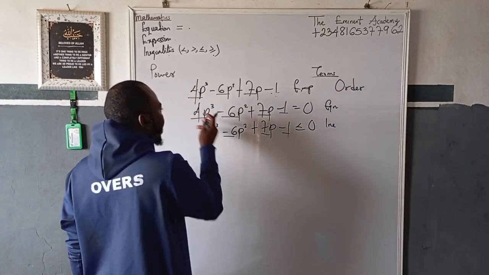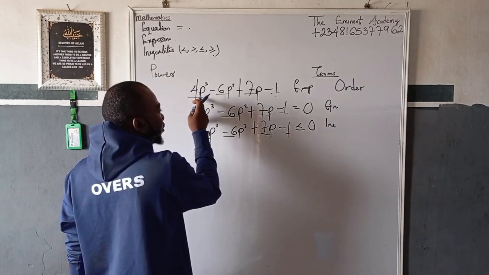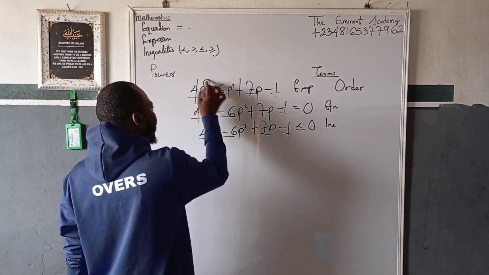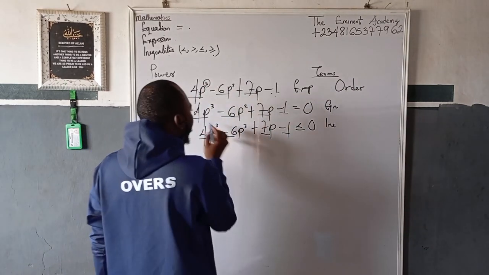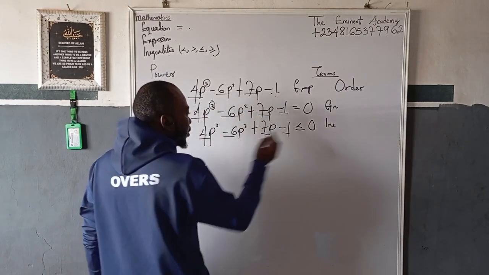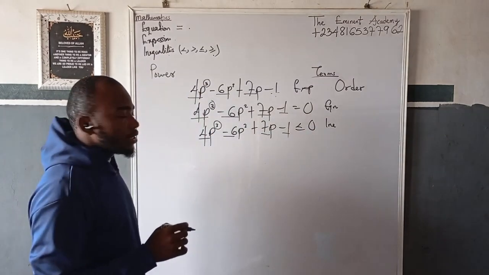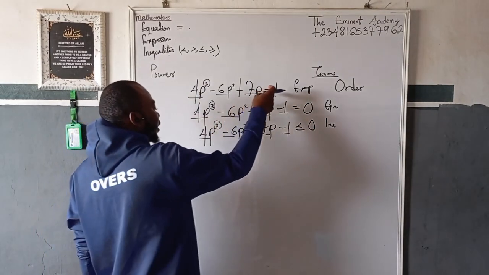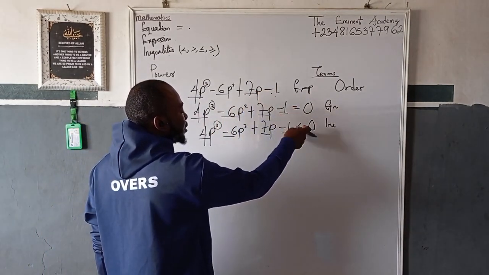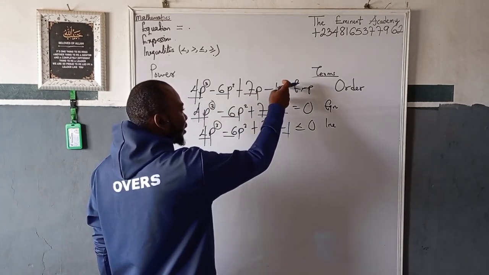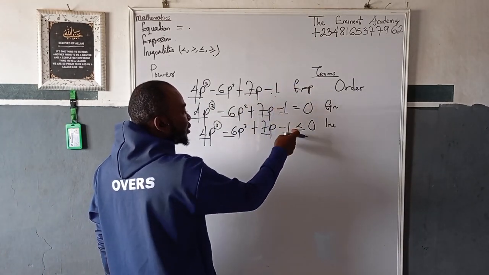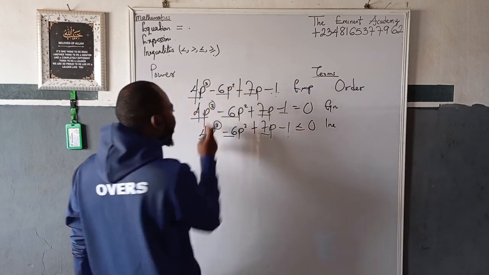So if I'm asked what is the order of this expression, I will say the order is 3. What is the order of this equation? The order is 3. What is the order of this inequality? The order is 3. Right? So the order of an expression, an equation, or an inequality is the highest power of the variable there.